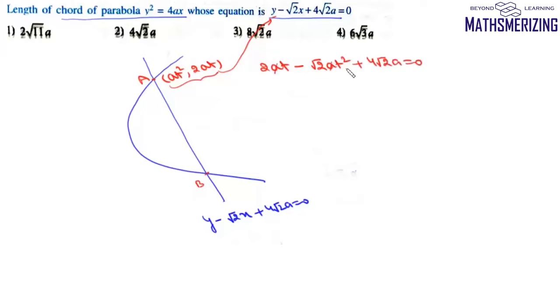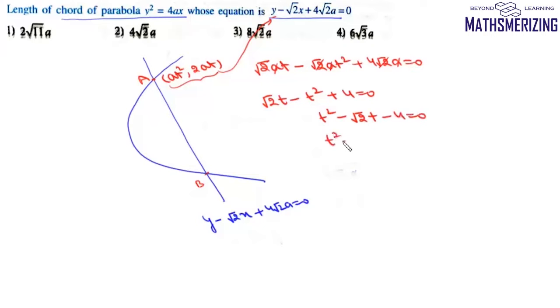So we'll cancel this a and we'll also cancel this √2. So we can write this equation as √2t - t² + 4 = 0, or t² - √2t - 4 = 0.